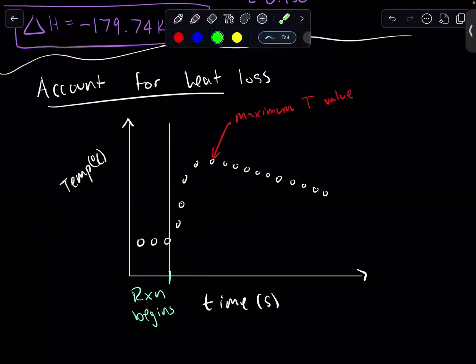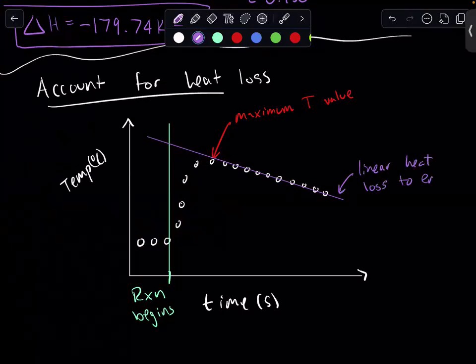The problem is parts of this reaction are slow, parts of this reaction are fast. We know the temperature can increase if this is an exothermic reaction, but why is it decreasing? Well, it turns out this decrease can be explained by heat loss to the environment. So this is our linear heat loss to environment. And it's pretty linear.